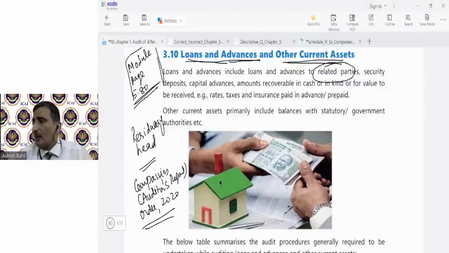Morgan, you are writing, example for interest accrued but not due on borrowings. Good question. Yes, Morgan. So, students, say you have taken some loan, you have taken borrowings, the company has borrowed some money. Obviously, it would have to pay interest on that money.